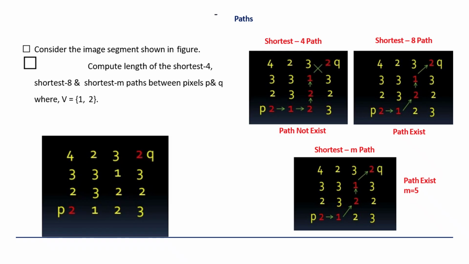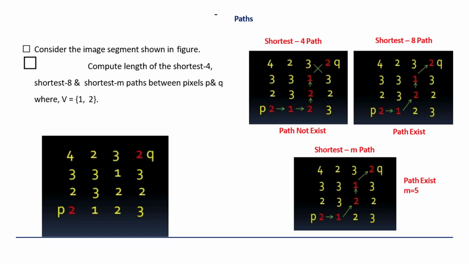So when we move from 2 to 1, 1 to 2, 2 to 2, 2 to 1, we cannot continue. There will not be any possibility with the 3 because 3 is not in V equal to 1, 2. So the path does not exist for the shortest 4-path. For the shortest 8-path, the path exists because we can move diagonally.